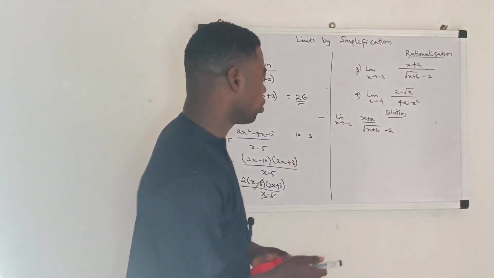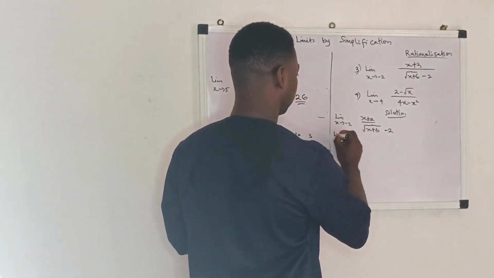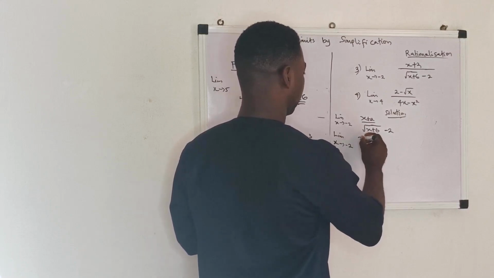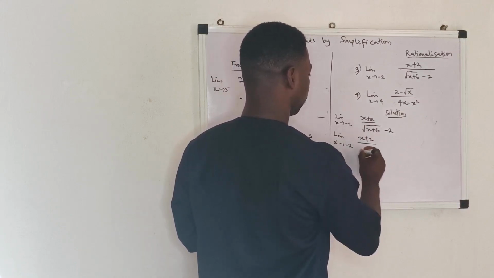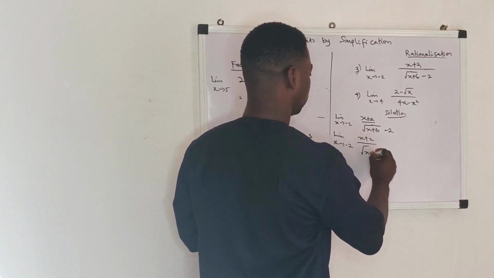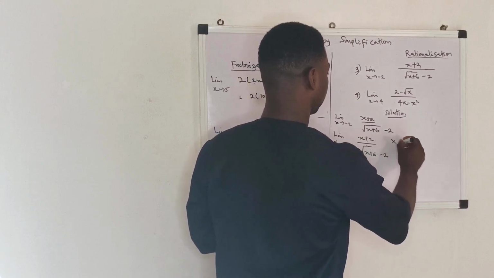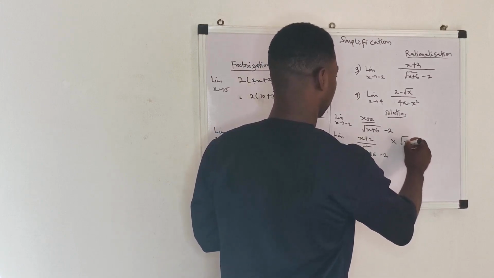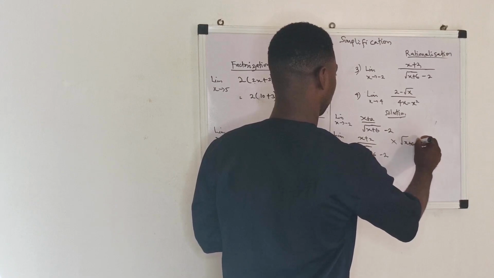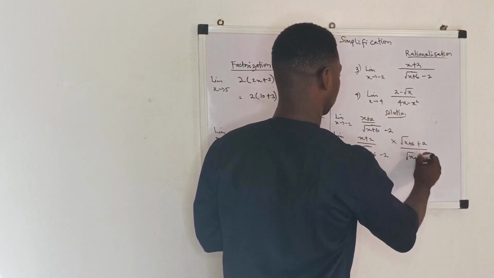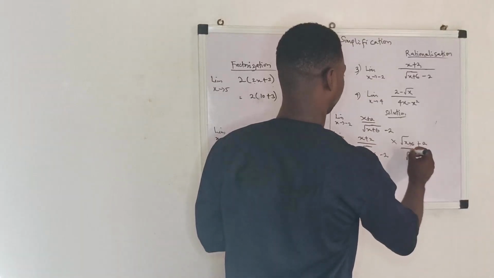Okay, the sign alternation. So this will be the limit as x approaches -2 of x plus 2 divided by square root of x plus 6 minus 2, times square root of x plus 6 plus 2 divided by square root of x plus 6 plus 2.